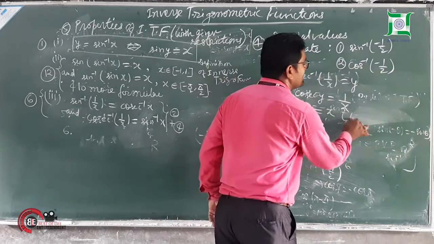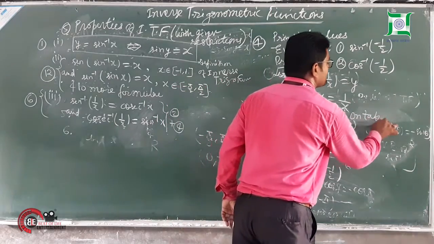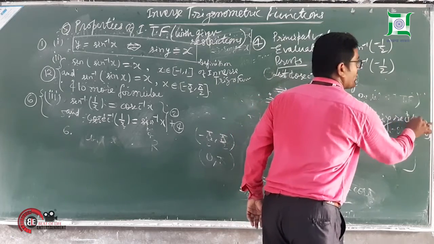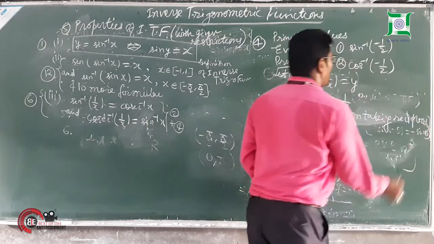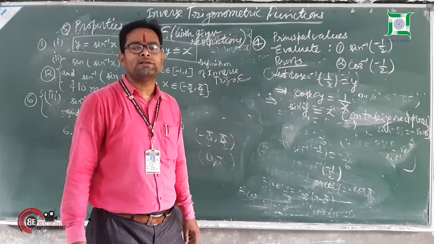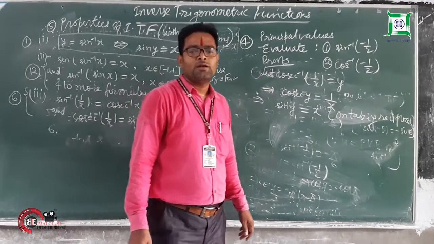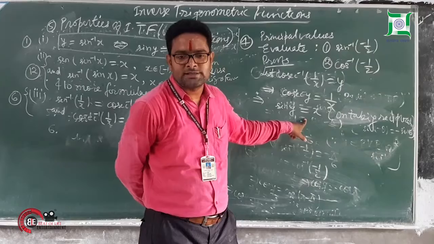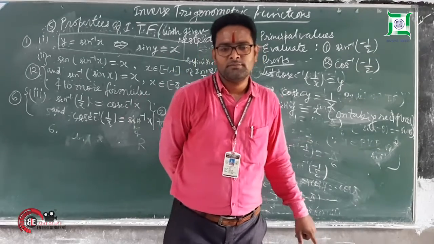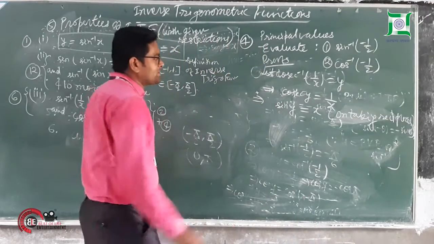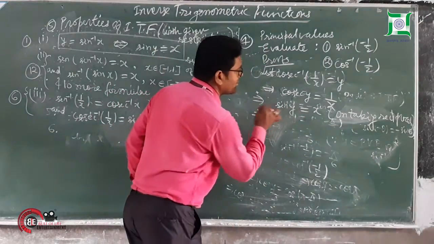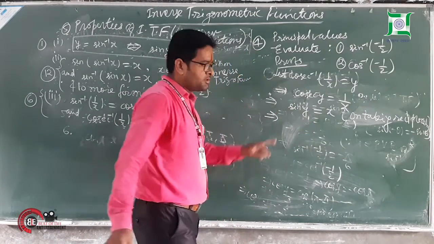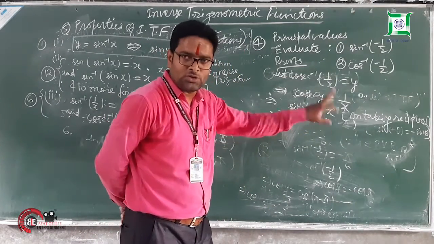So we have to write here the reason. On taking reciprocals, we can make it as sin y is equal to x. Now see, next. Now we are having already sin y is equal to x.